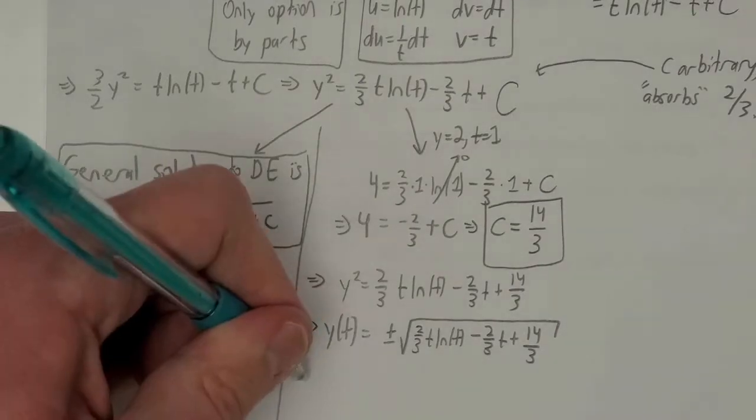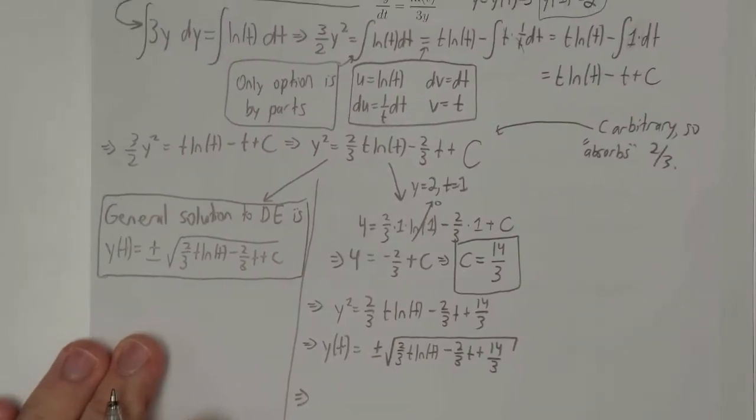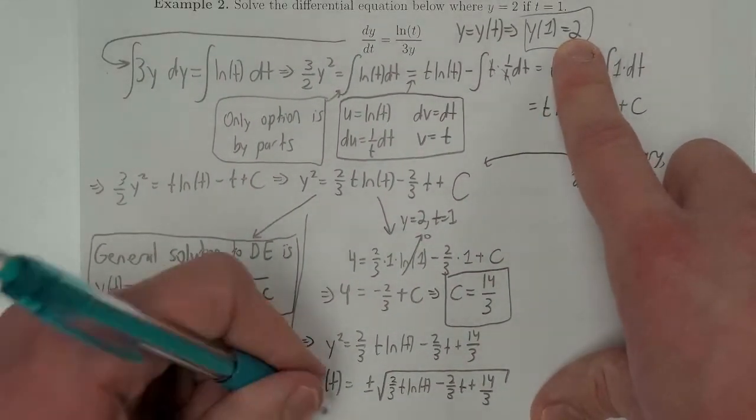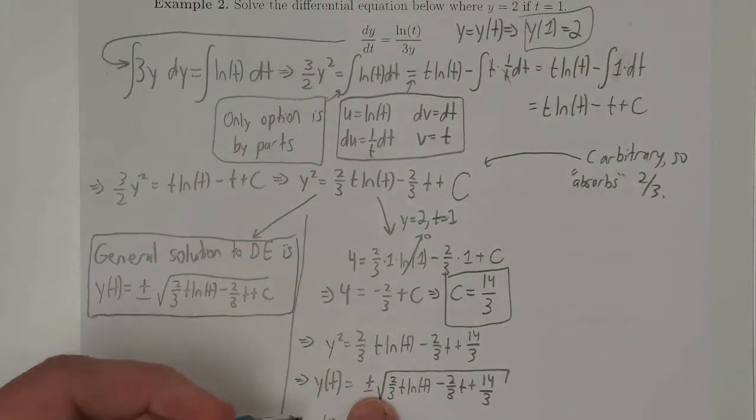Now remember, if y of 1 equals 2, then by similar reasoning as the last problem, we need either plus the square root of all this or minus the square root of all this. Using that reasoning, which one should it be?